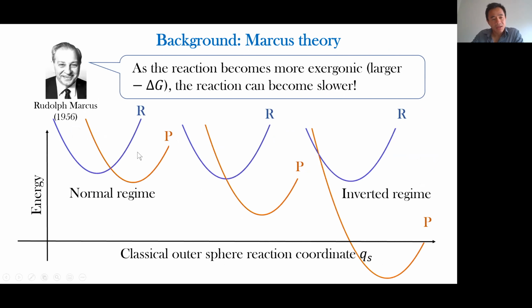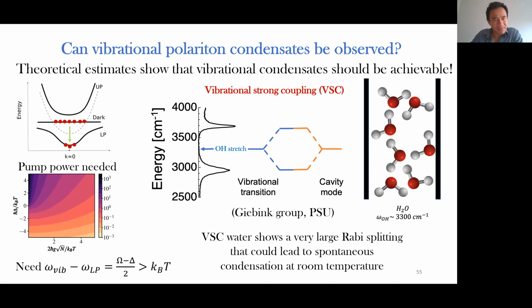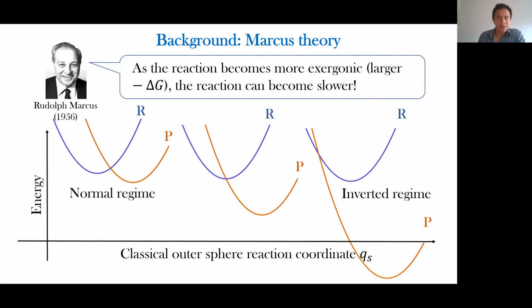Now, I explained vibrational polaritons. I want to find a situation where vibrational excitations really matter for reactivity. So let me go back to a Nobel Prize winning theory in chemistry, which is called Marcus electron transfer theory. In the 50s, Marcus noticed the following.